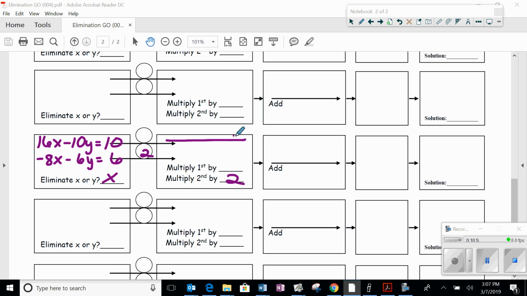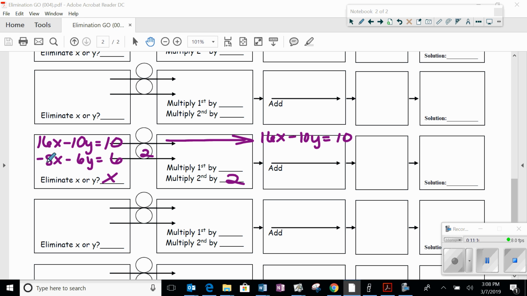The first one, I'm just going to move over and rewrite it. So that's 16x minus 10y equals 10. Now I'm going to multiply the second equation. I have to multiply everything by 2.